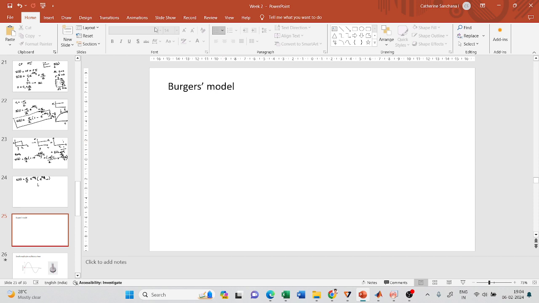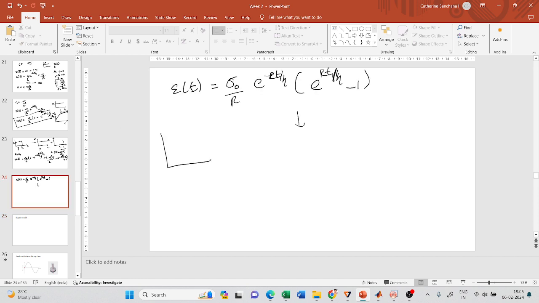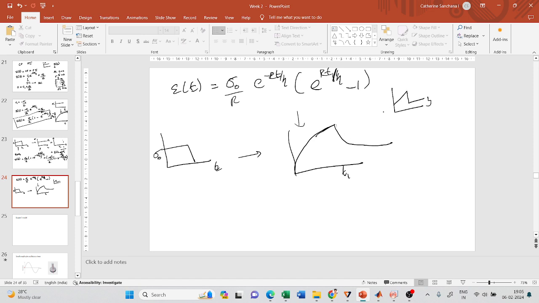When this is what is applied to the material, what do you think the response of the material will be? First it will go like this, and after the stress is removed at time t1, there will be an instantaneous recovery and a time dependent recovery. Unlike a Maxwell model, in which there will be a residual strain after removing the stress, in the case of a Kelvin model there will be a time dependent recovery.